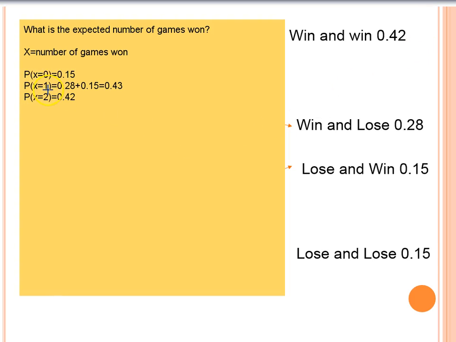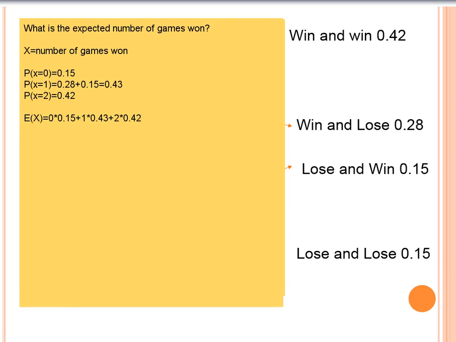The last one, the outcome of winning 1 game, means that we have 2 ways that we can win 1 game. We can either win the first and lose the second, or we could lose the first and win the second. And those are disjoint events because they can't occur at the same time. So we can just simply add those up. You can see these three probabilities add up to 1. That's our entire sample space. And so this probability assignment is valid.